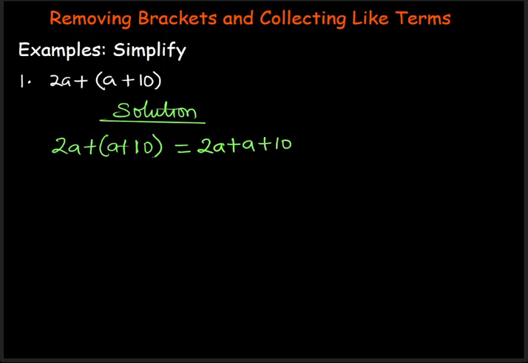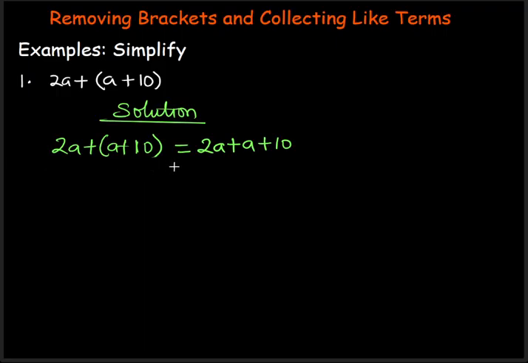So that is what we are looking at. I say this again: 2a is not multiplying the bracket here. 2a is just adding to whatever is multiplying the bracket and the bracket. So 2a will just wait, you multiply the bracket and then join them together.